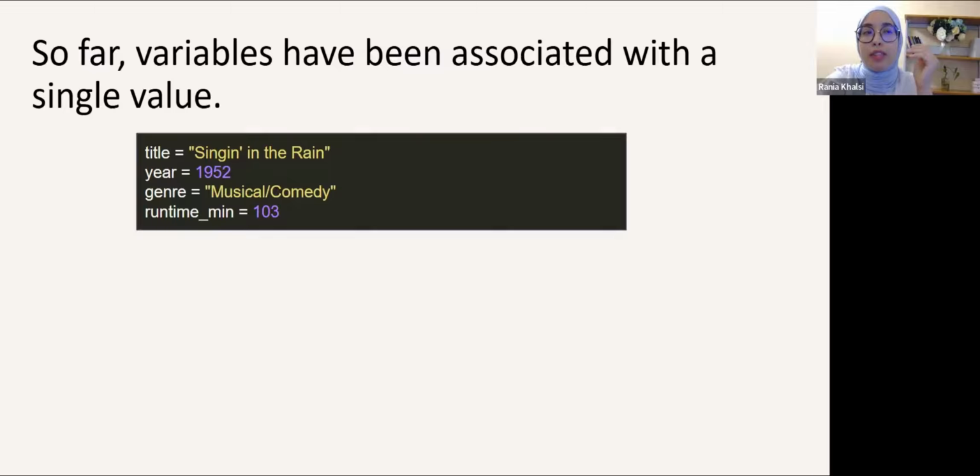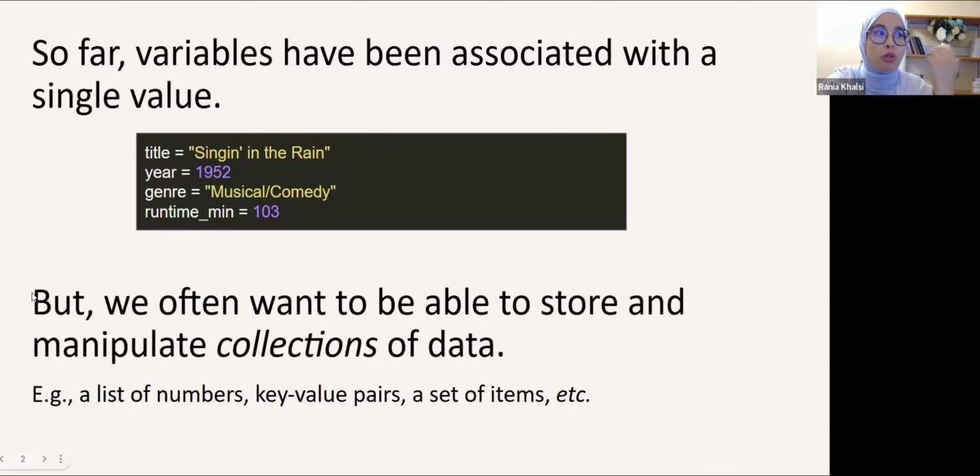So this is the first stage. Next, for more complex programs, we want to be able, for example, to store and manipulate collections of data, okay? So for example, beyond strings and numbers, you can have lists of numbers, you can have pairs of key and value, you can have sets, a set of items, and so on.